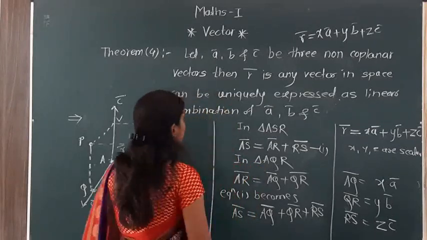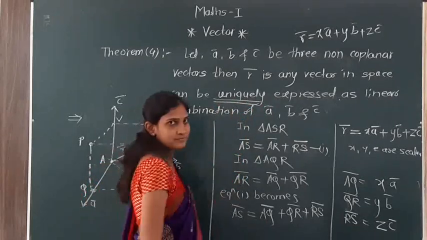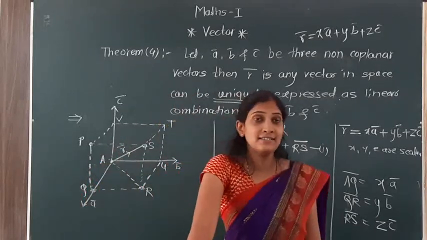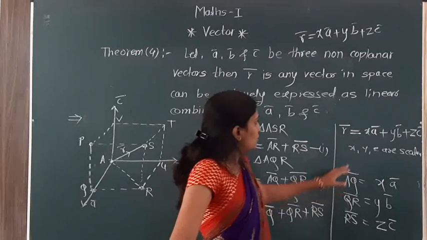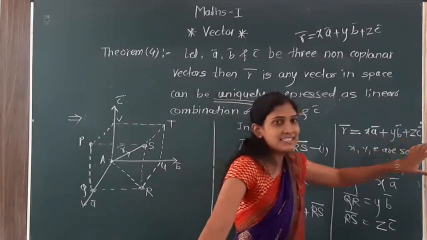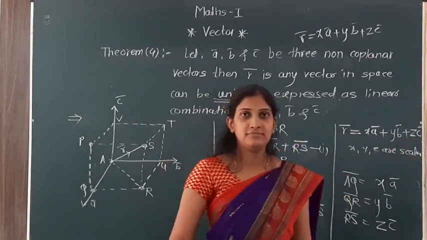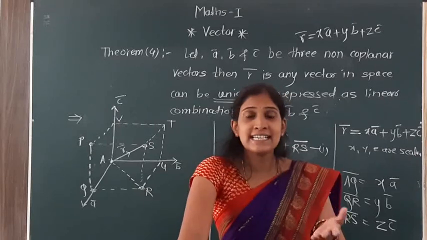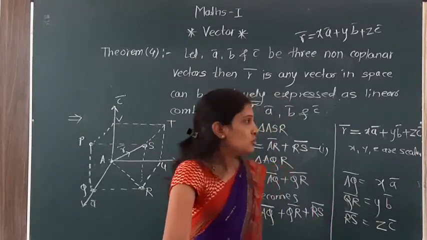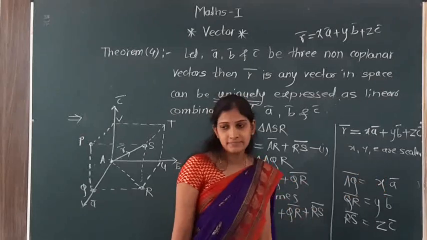Now the word here is "uniquely" expressed, so we have to prove that these scalars are unique. There does not exist another set of scalars. So we have to prove uniqueness here.